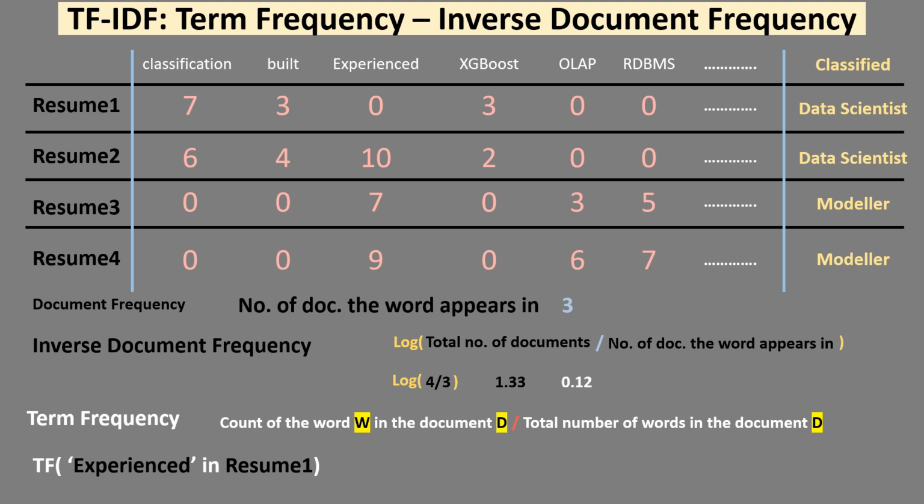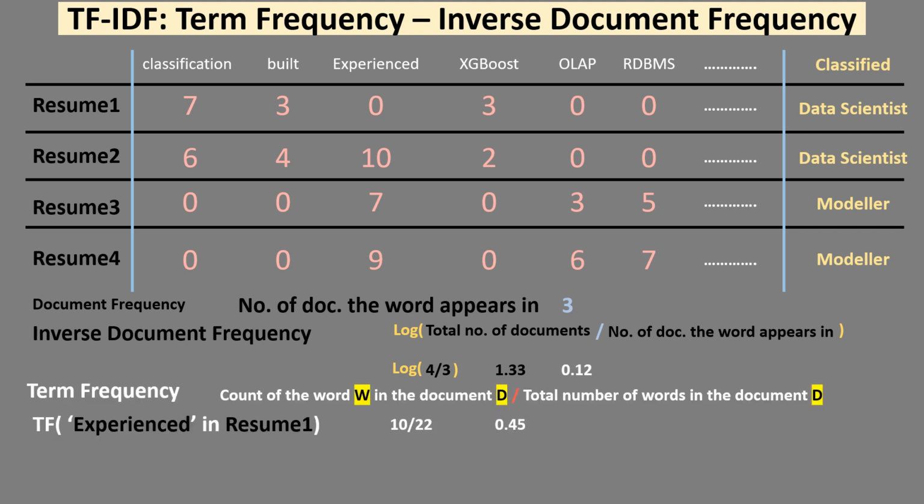Let's say we have to find term frequency for the word experienced in resume 2, rather here it should be 2, please ignore. Now this is the fraction which you will get, 10 by 22, which I just explained. When you solve this, you get 0.45.